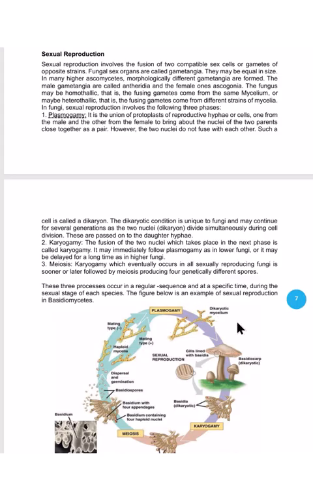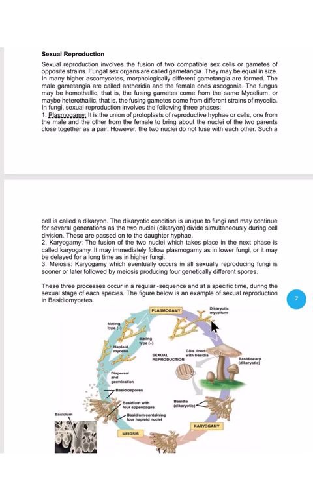The diagram here shows an example of sexual reproduction of basidiomycetes. As you can see here, these are mating types. There are positive and negative hyphae, and these hyphae mate or fuse together in the first process, which we call plasmogamy.